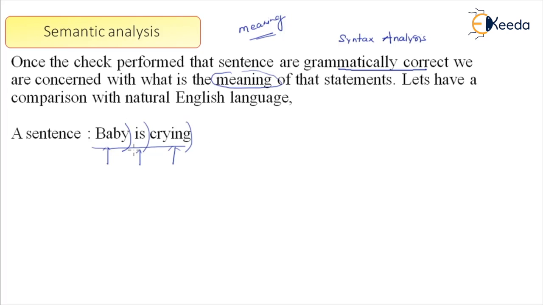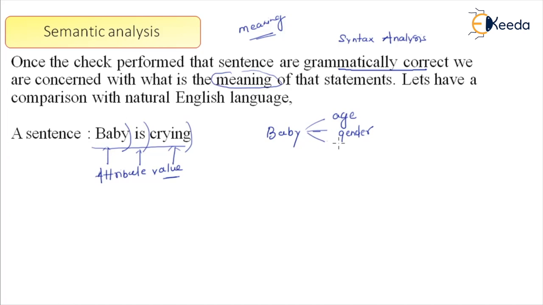We want to figure that out, and for that what we need to do in this case is associate attribute values. Each object has its attribute value. So baby will have some attribute values, like we can say age, we can say gender. We will first describe each object with its attribute.